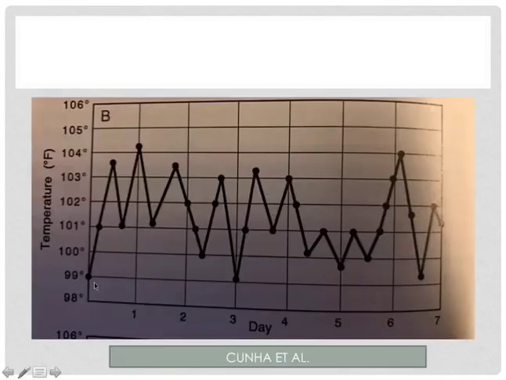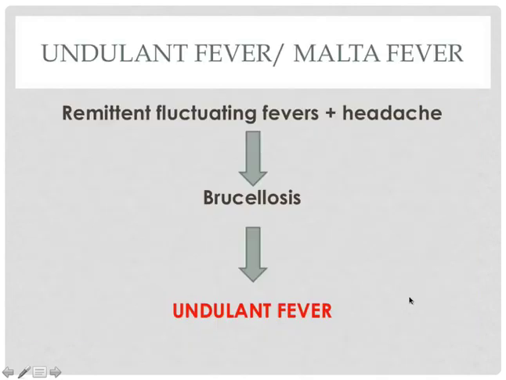The temperature starts out normal, spikes, and comes back down, but not nearly close to normal. You can see that they usually just stay above normal when the temperature falls. Undulant fever is also called Malta fever.